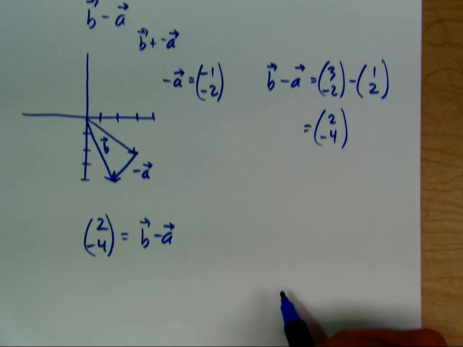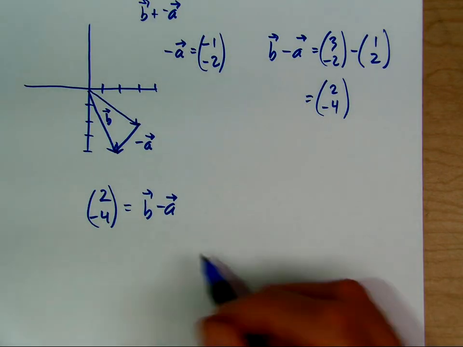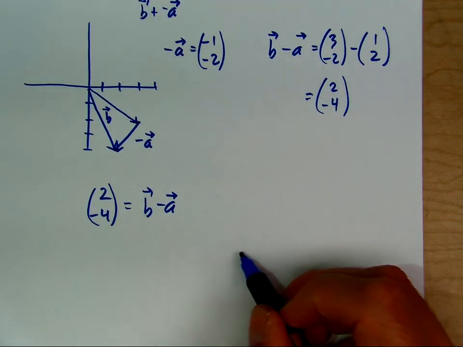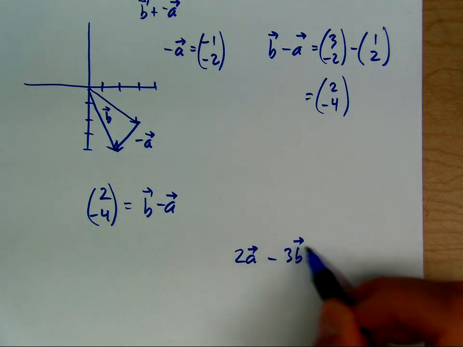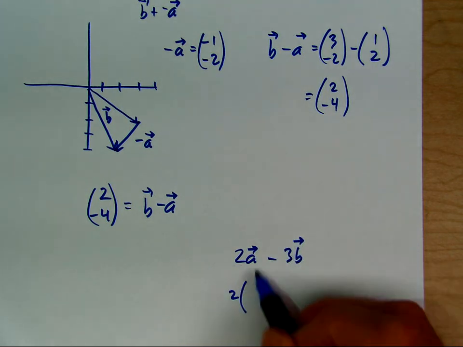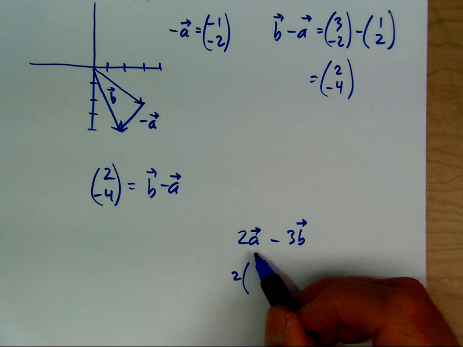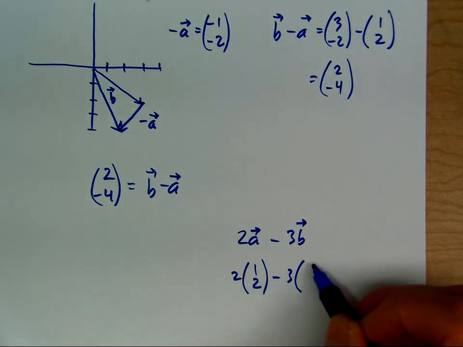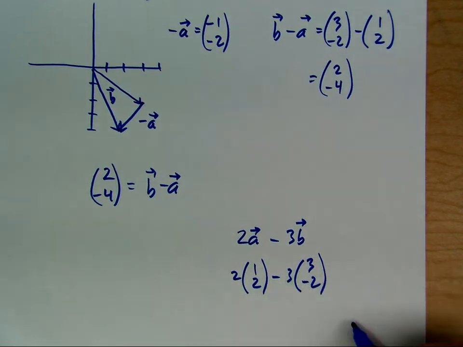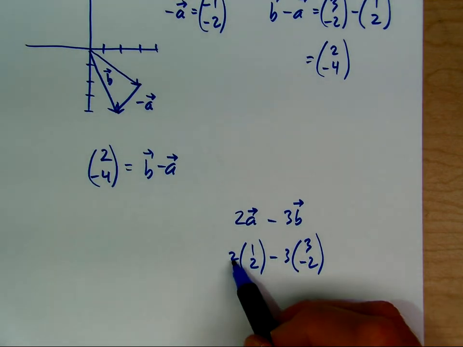And the video is getting a little long, so why don't we just do the last one without a graph. We can just say it's 2, copy vector A, which is 1, 2, copy vector B. So when we multiply by a scalar, you multiply to both of them.